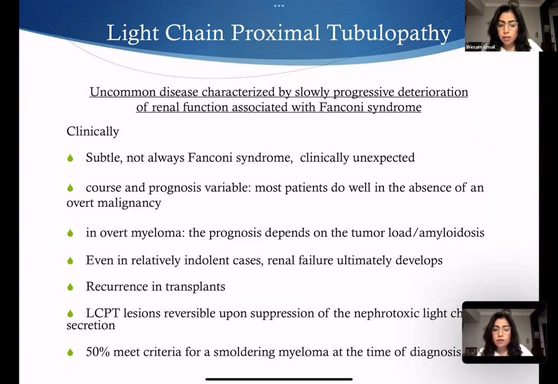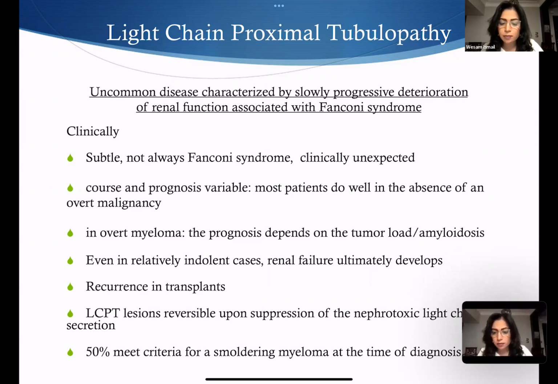However, if the patient does not have an underlying overt malignancy, they usually do well. If it is within the spectrum of an overt myeloma, the prognosis would then depend on the tumor load and whether the patient has amyloidosis or not. You should know that amyloid carries the worst prognosis in these patients. Even in relatively indolent cases, renal failure ultimately develops.